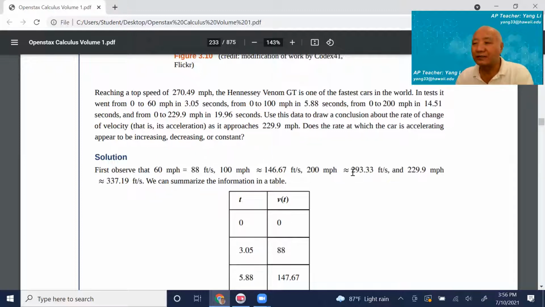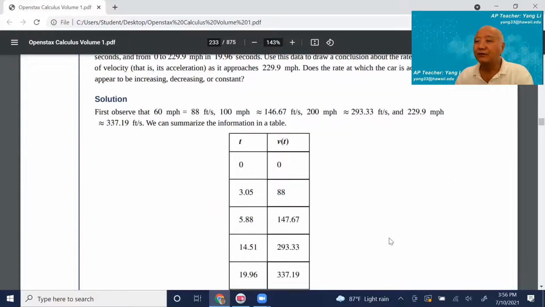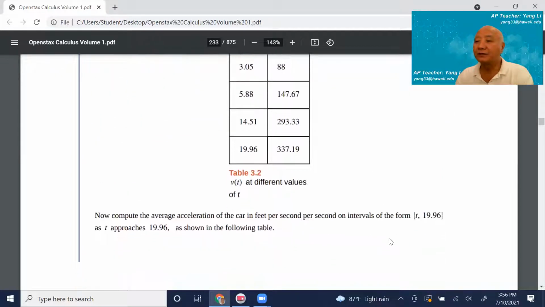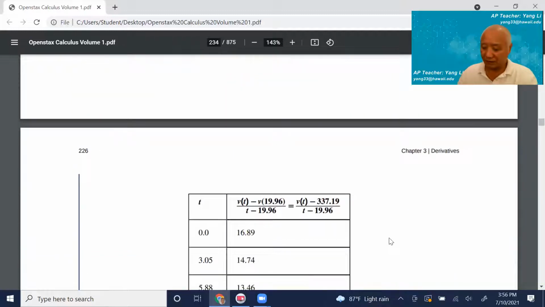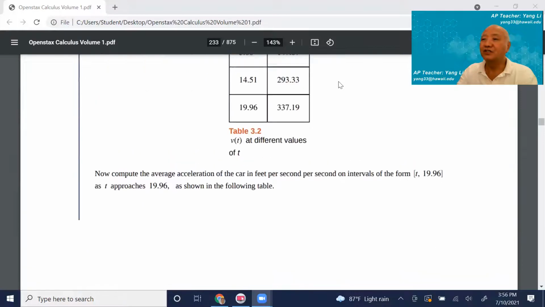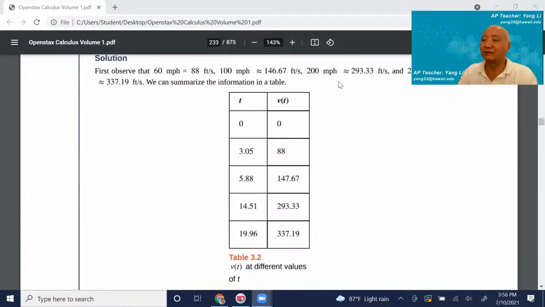They're looking for acceleration. In physics, we know that what they're doing here is average acceleration, because you take the velocity function and the change of the velocity is the acceleration.